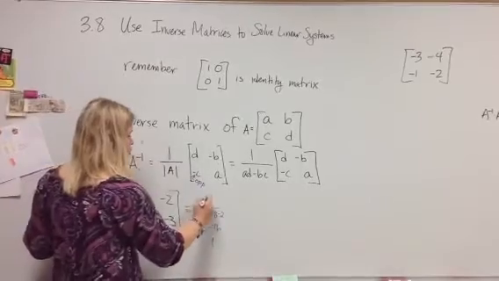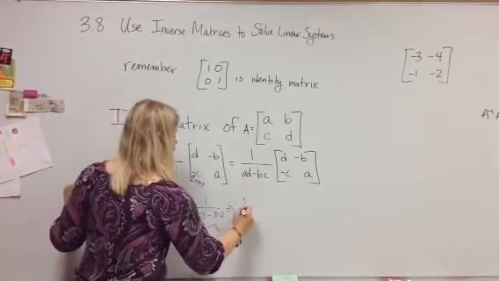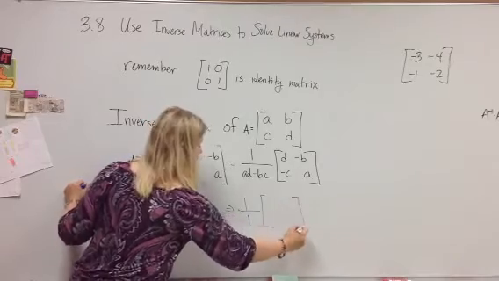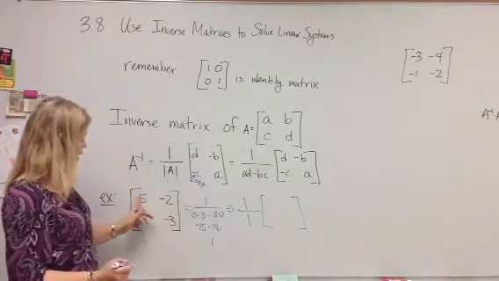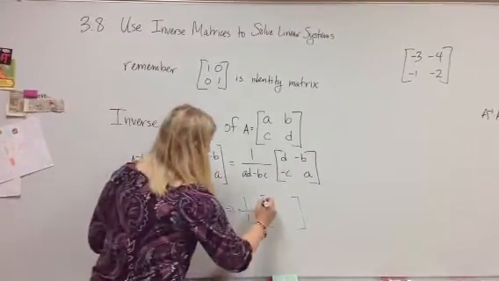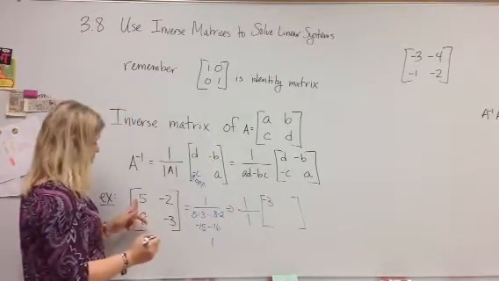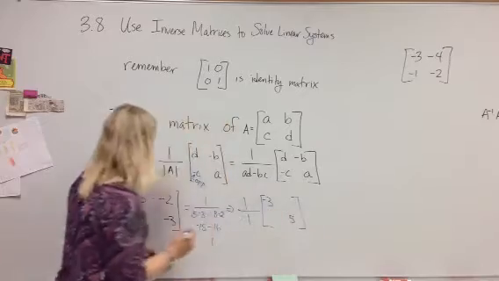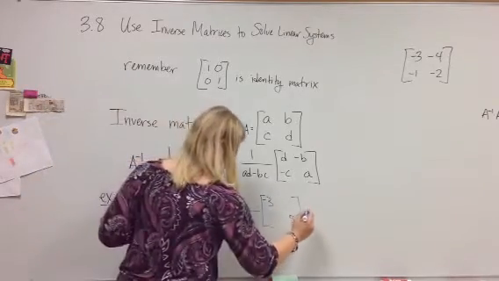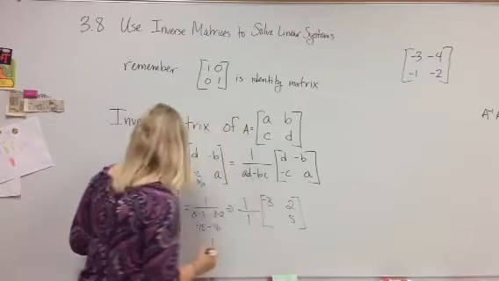That's easy. So now we've got 1 over 1, and now we're going to do all our little changes. Remember, on this diagonal, they switched spots. So we've got -3 comes up there, and 5 goes down there. And remember, what is the opposite of -2? It's just +2.